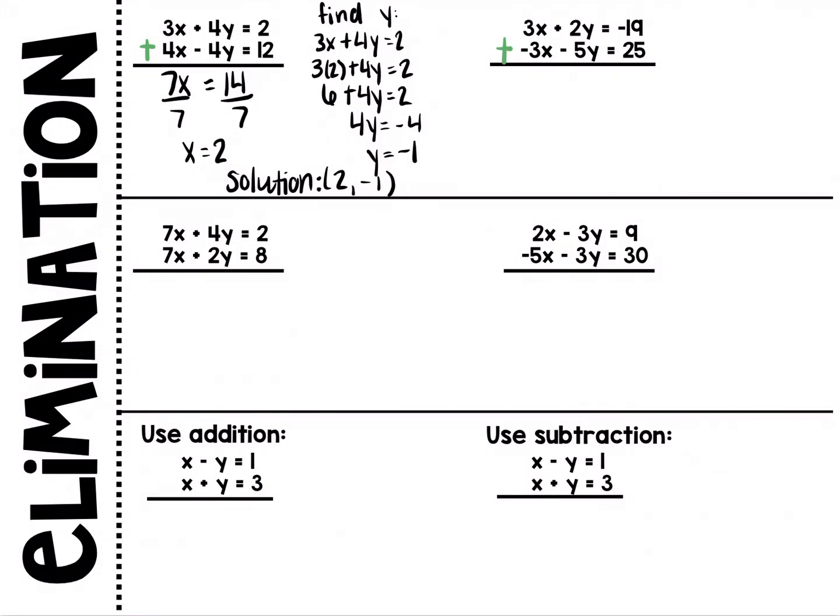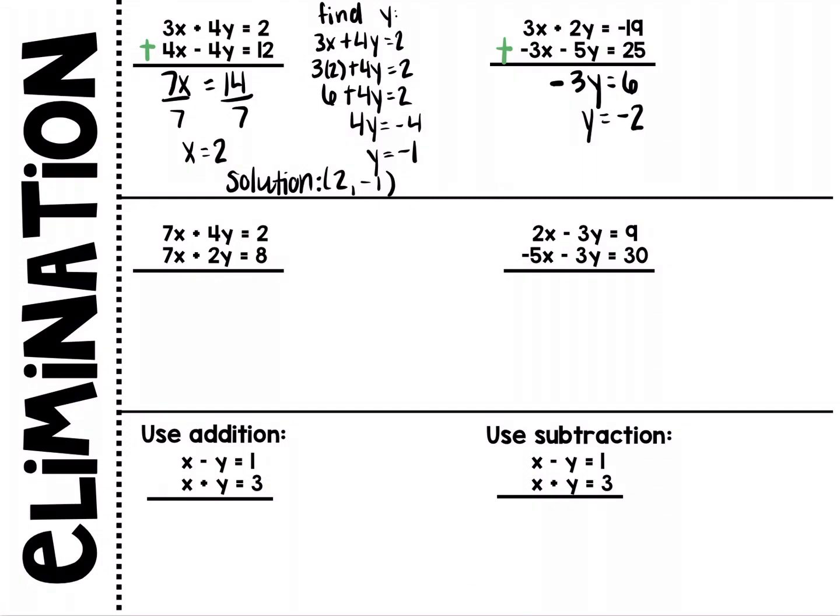So 3x plus negative 3x is 0, it cancels out. 2y plus negative 5y is negative 3y equals negative 19 plus 25 is 6. You're literally just doing the vertical addition every single time with elimination. Then you solve for y. You divide by negative 3, and y is negative 2.